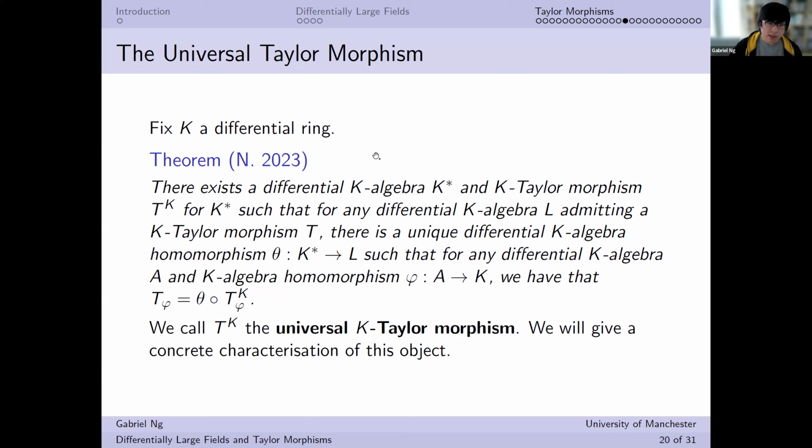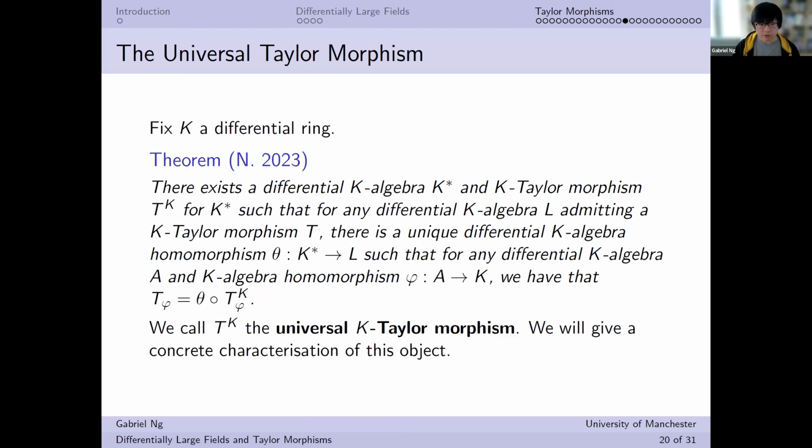So there is a differential K-algebra, which we denote by K star, and a K-Taylor morphism, which we denote by T upper K for K star, such that for any differential K-algebra L which admits a K-Taylor morphism T, there is a unique differential K-algebra homomorphism theta from K star to L, such that for any differential K-algebra A and K-algebra homomorphism phi from A to K, we have that this T sub phi is precisely the composition of this T^K phi with this theta.